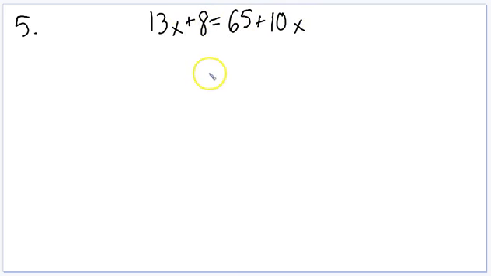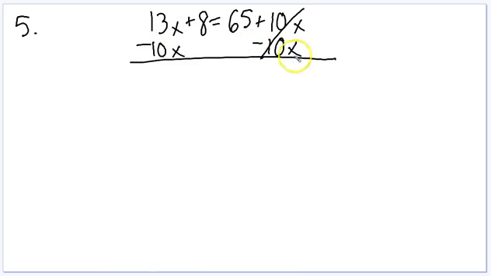I believe this is number 5. We've got 13x plus 8 equals 65 plus 10x. In the spirit of keeping variables positive, I'm going to subtract this 10x from both sides. That's gone.